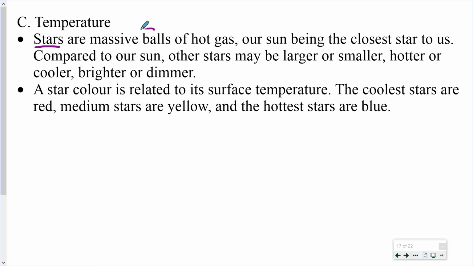So they are massive, massive balls of hot gas. In fact, our sun makes up pretty darn close to 100% of the mass of our entire solar system. This should be 99, greater than 99% of the entire mass of all matter in our solar system comes from our sun. So absolutely massive.